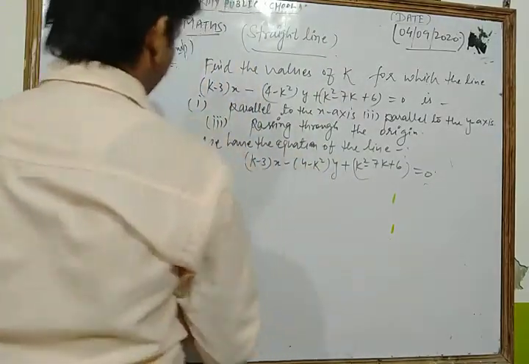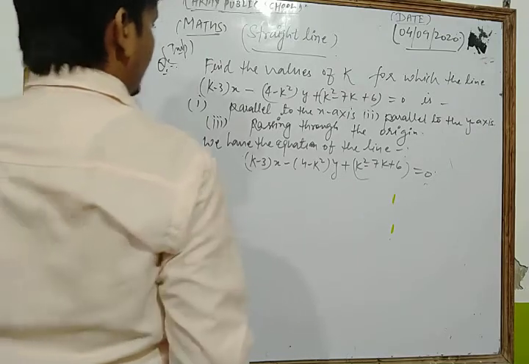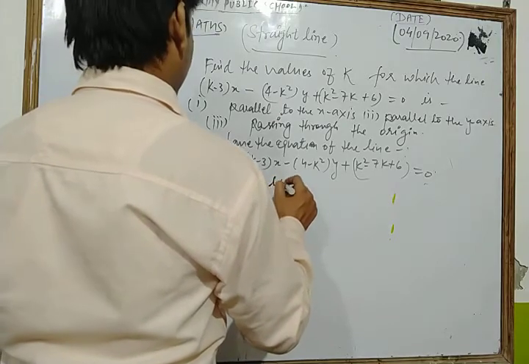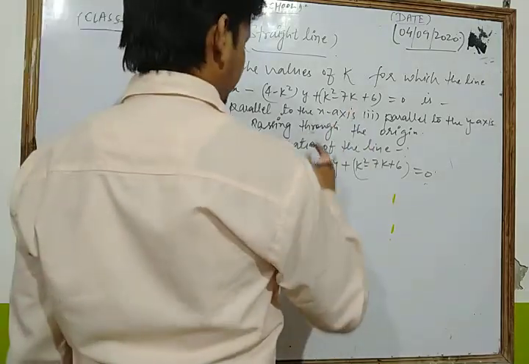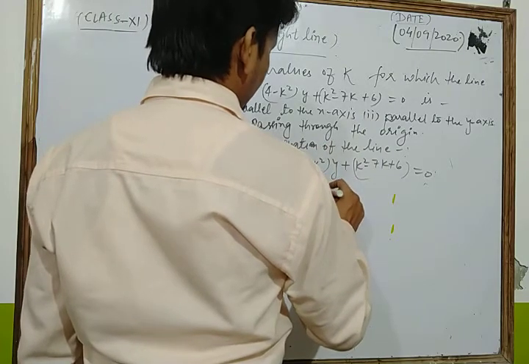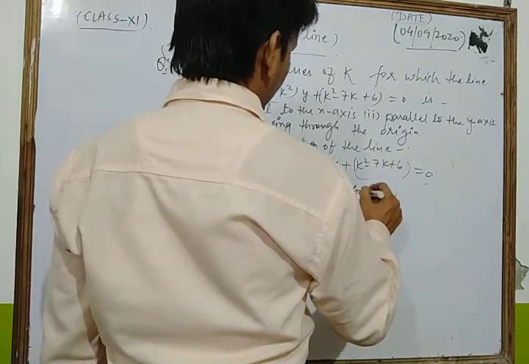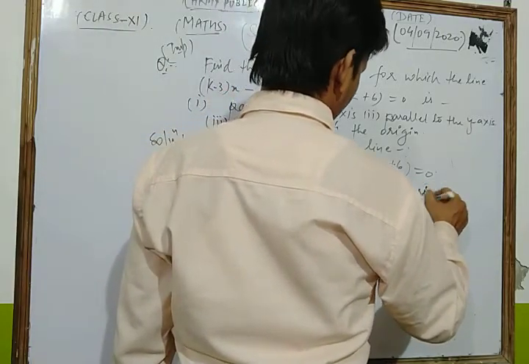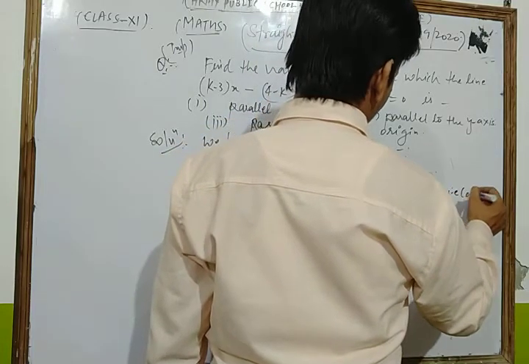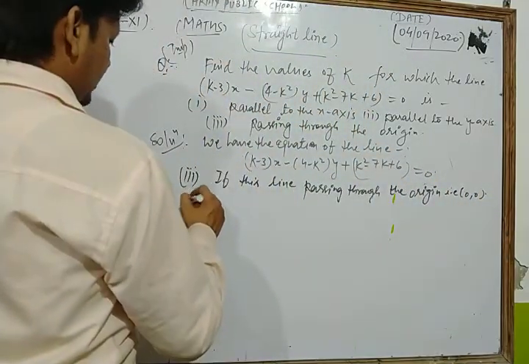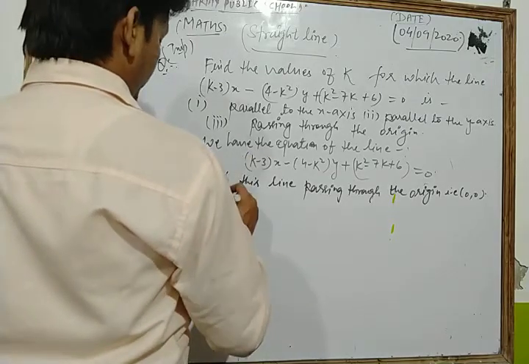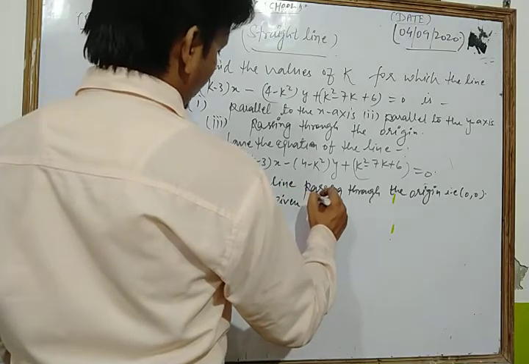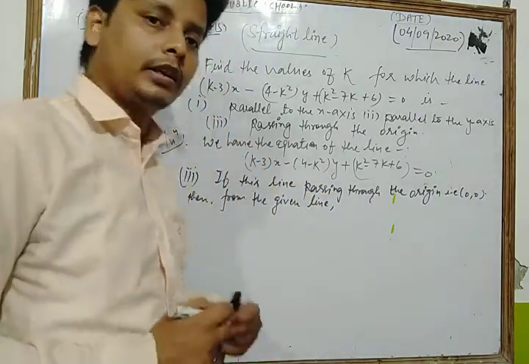Now we take the third part of that question. If this line is passing through the origin, that is 0, 0, then from the given line, what do I do, dear students?